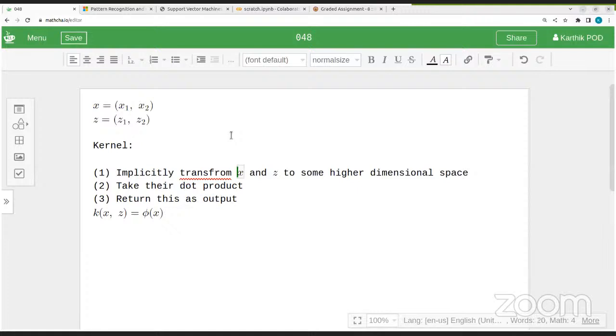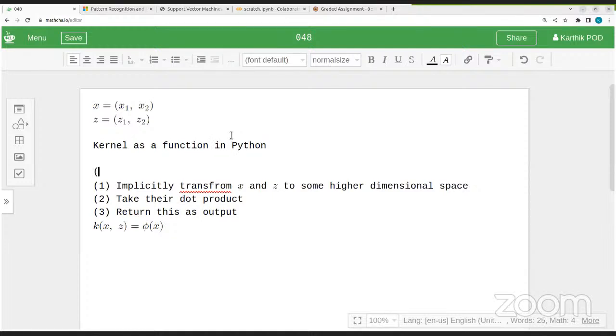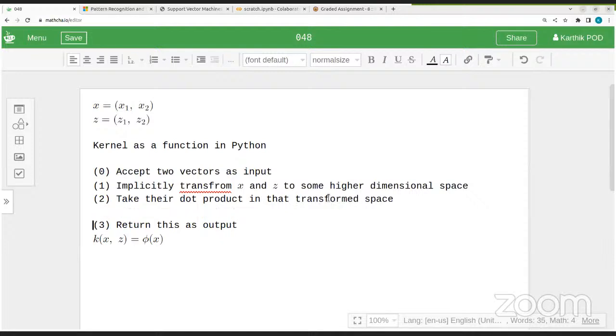If you treat the kernel as a function in Python, this is what it's going to do. Step 0 will be to accept two vectors as input, transform X and Z to some higher dimensional space, take the dot product in that transformed space, and the final step is to return this as output. That is what your kernel is.